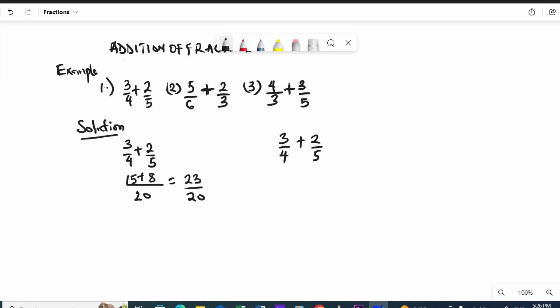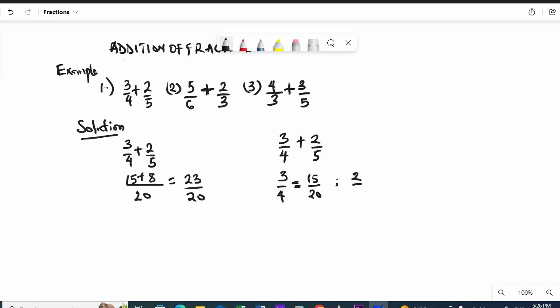The second method will simply be to express 3 over 4 as a fraction with the denominator of 20, because the LCM of both 4 and 5 is 20. Remember what we learned in equivalent fractions: if we express 3 over 4 as a fraction with a denominator of 20, we simply say 20 divided by 4, that's 5, and then 5 times 3, that's 15, okay?